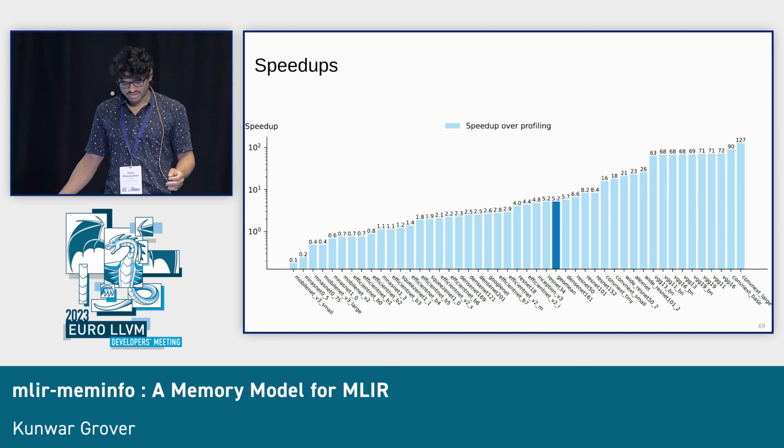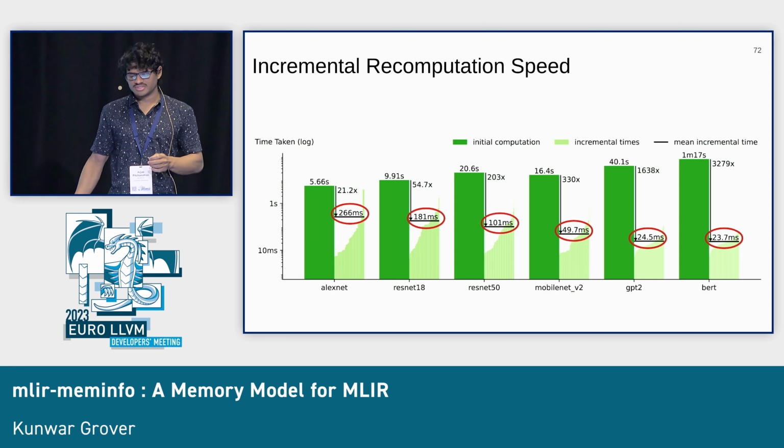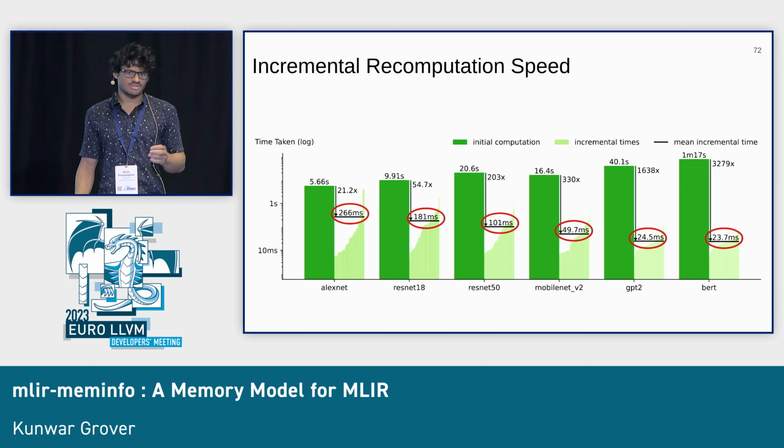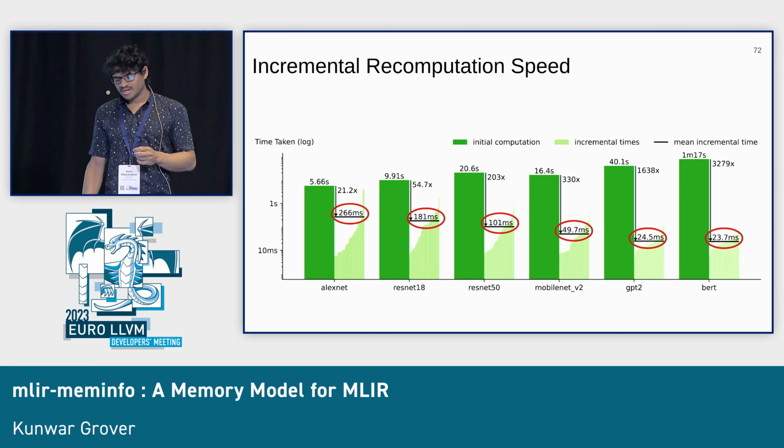And runtime wise, it's 25 seconds geomean and 2.2 seconds if it's multi-threaded. So one of the advantages of our model is that because every statement is independent, it's actually embarrassingly parallel. You can run every statement in parallel, which was also not possible with earlier models. And finally, the recomputation for various reasons is on different networks.